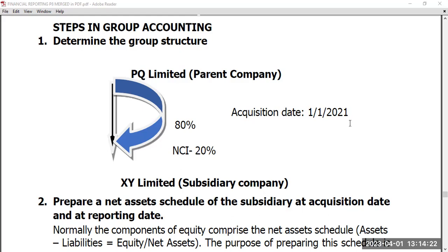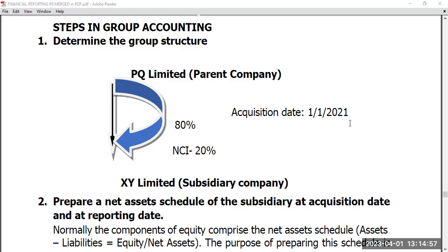We mainly focus on the percentages. In the question, you'll be given percentages, maybe the company bought 50%, or 60, or 70, or 80% of the shares of another company. What we look at is that the percentage should exceed 50%.